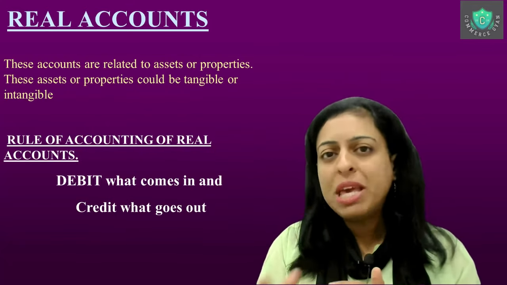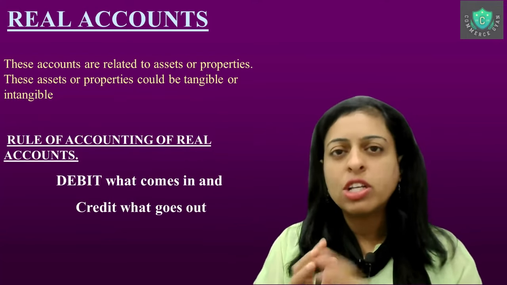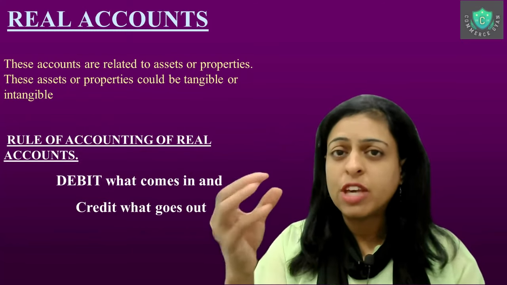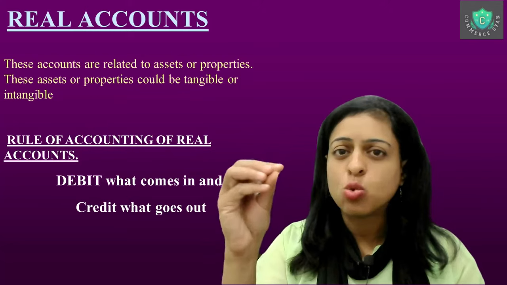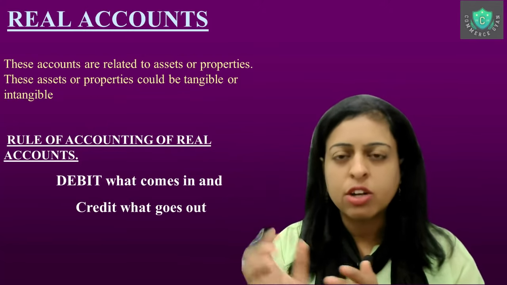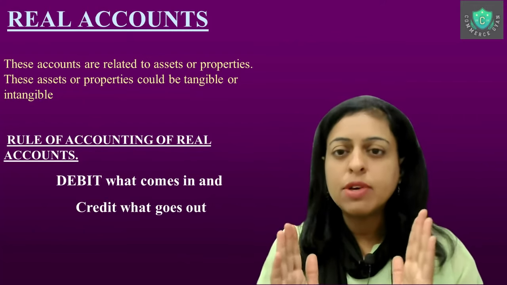Fine. So if you pay cash, what will happen? Cash is going out. So according to this rule, what happens? Debit what comes in, credit what goes out. So if cash is being paid, cash is going out, it will have a credit. Okay, so the effect of that transaction will be a credit. Debit and credit we have applied.